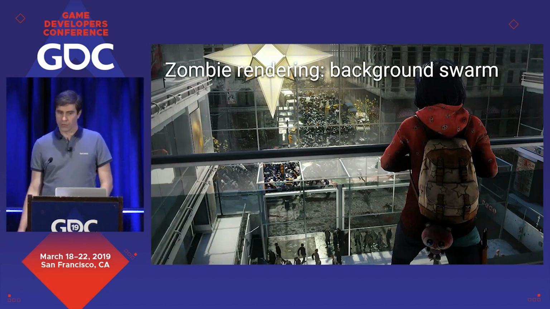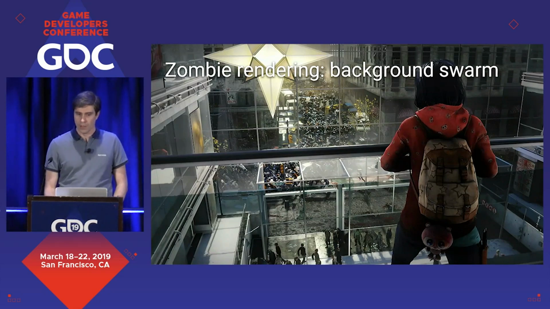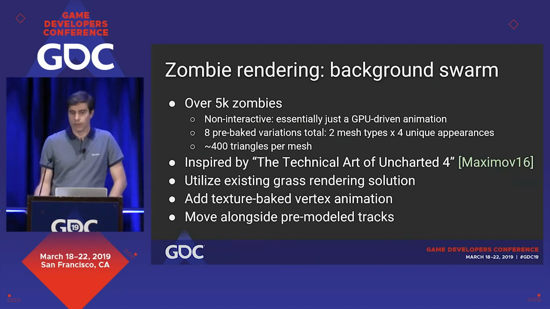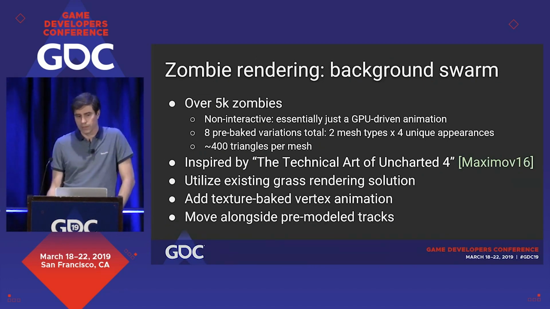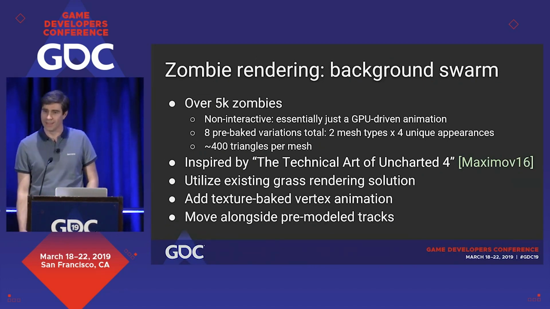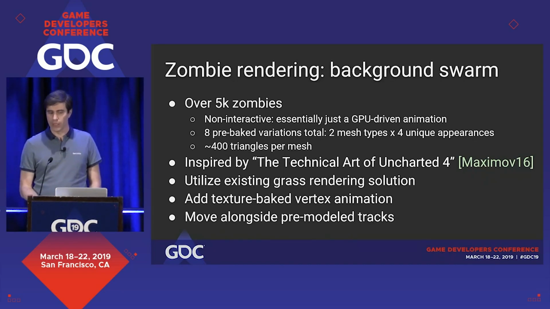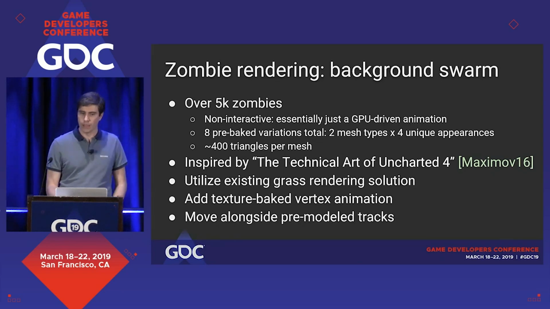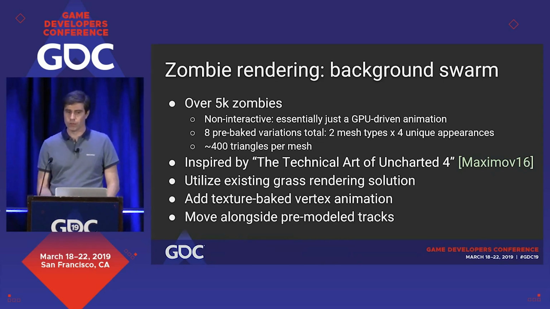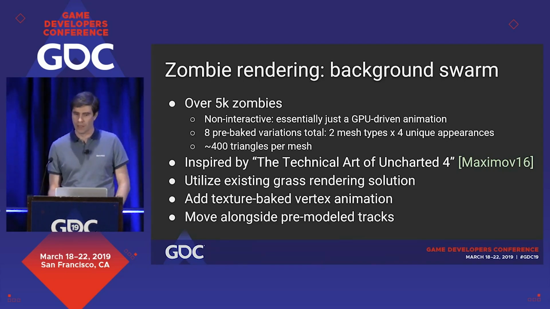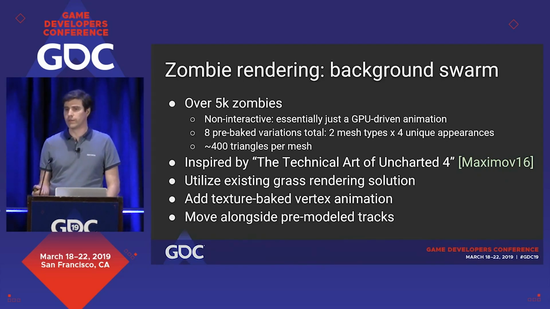Now, we know how to render foreground zombies. What about the background? In the background, we have a lot of zombies, over 5,000. Why 5,000? Because we never needed more, I guess. Those zombies are not interactive. Essentially, it's a GPU-driven animation. For those zombies, we use only 8 different variations: 2 mesh types and 4 different textures for those mesh types.